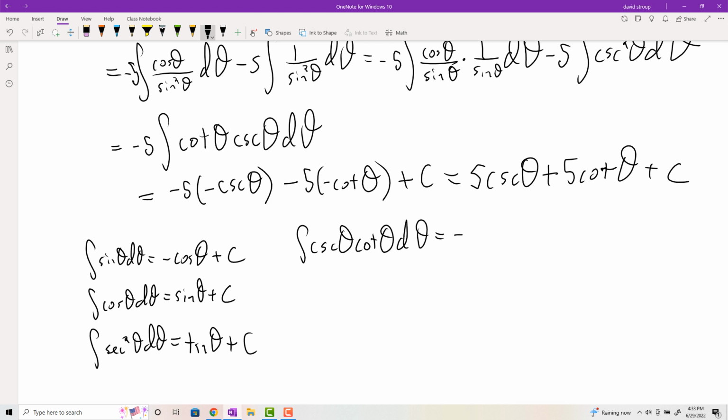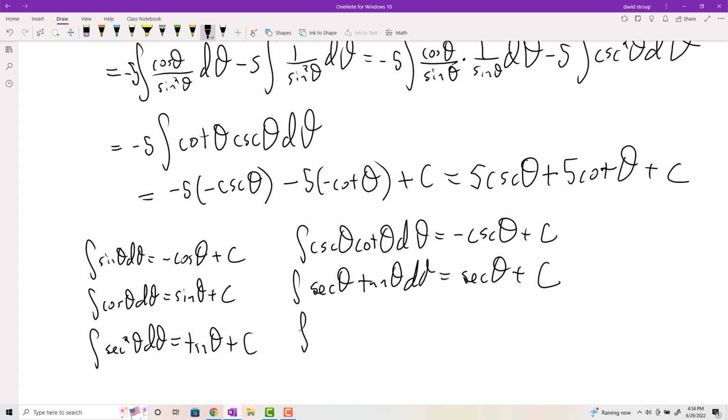That integral will be negative cosecant theta plus c. Integral of secant theta tan theta d theta is secant theta plus c, and the integral of cosecant squared theta d theta is negative cotan theta plus c, right?